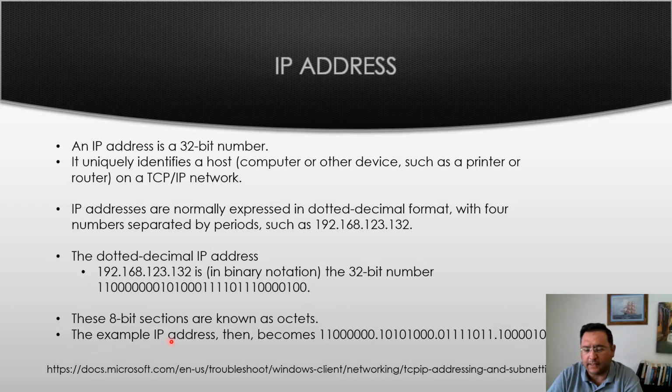The example IP address then becomes like these numbers, and when you separate them, for instance, 192 equals 11000000 in the first octet, and in the second octet we see that 168 is equal to 10101000, and so on and so forth.